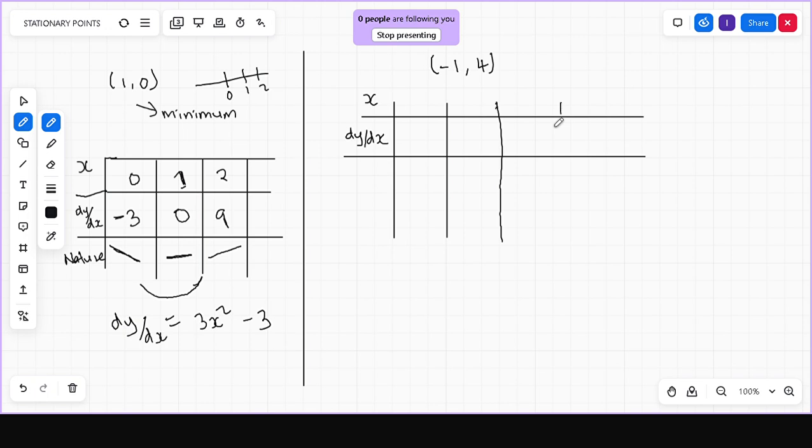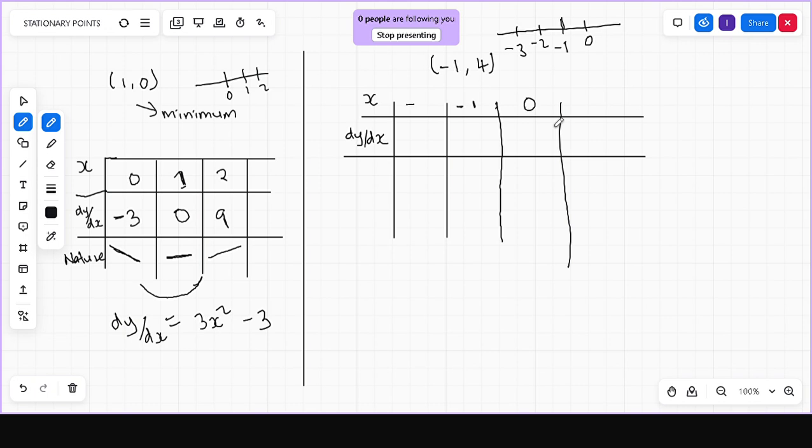Then we come to the number line again. If we got -1 here, the next number to the left is going to be -2, then we have -3. The number to the right of -1 is going to be 0. So we got -1 in the middle, then we have 0 here.